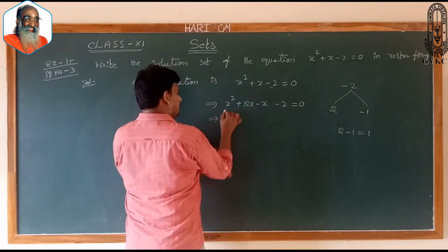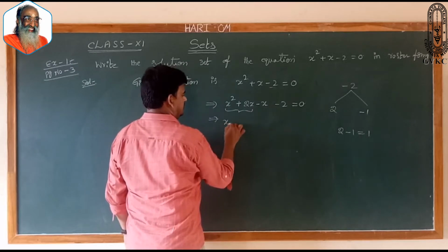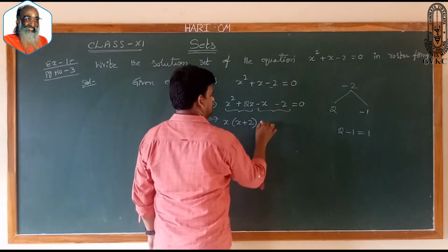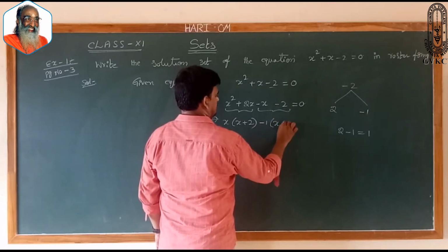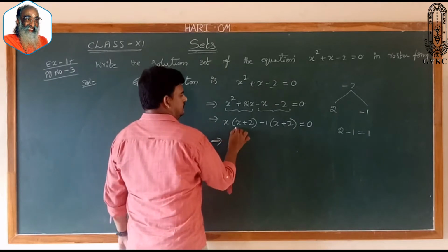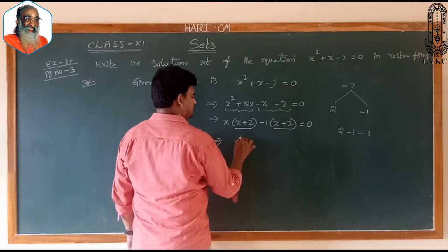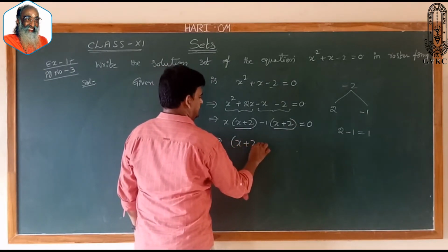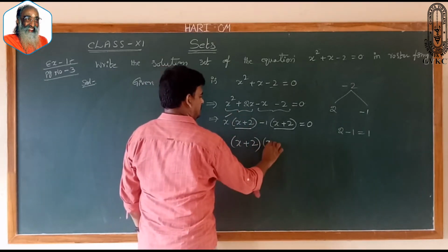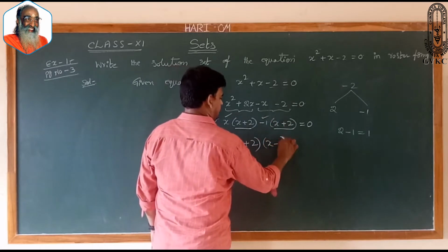is equal to 0. From these two terms, I can take x common, so that I have x plus 2. From these two terms, I can take minus 1 as common, so I have x plus 2 is equal to 0. Again, here I have x plus 2 and here I have x plus 2. So x plus 2 can be taken common. By taking x plus 2, here I have x and here I have minus 1.